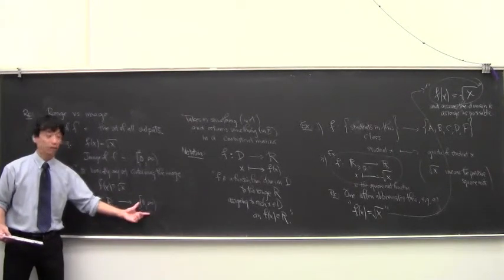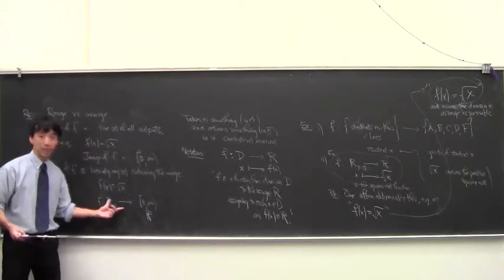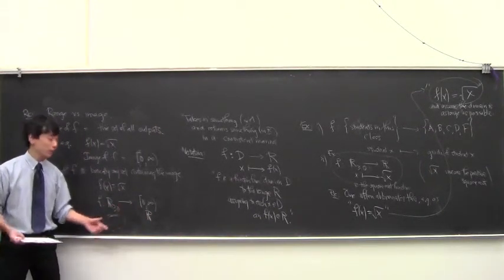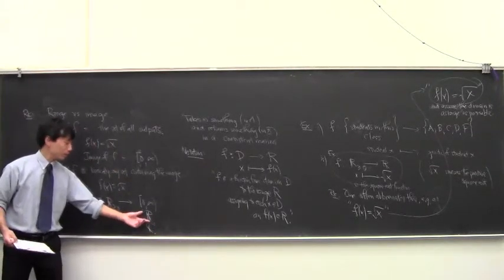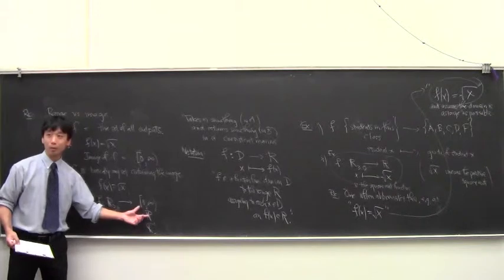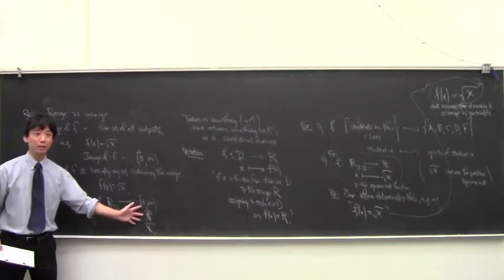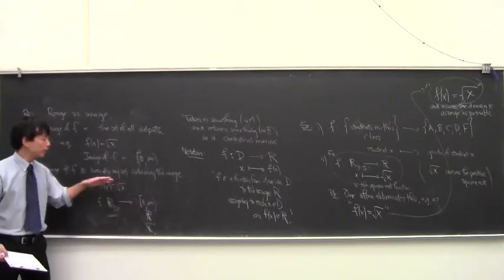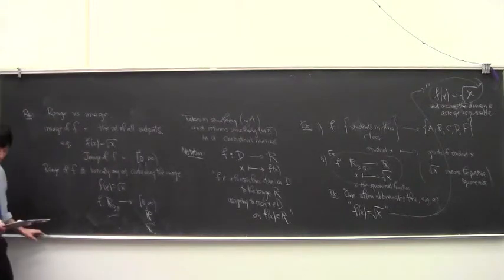I could also write the real numbers, because certainly I get real numbers out of the square root function. I could write the complex numbers, because the real numbers are contained in the complex numbers. All these things are reasonable things to write as the range. Okay. So the range is more ambiguous than image. Just to make this distinction.